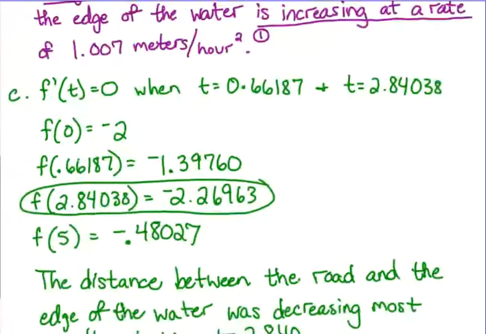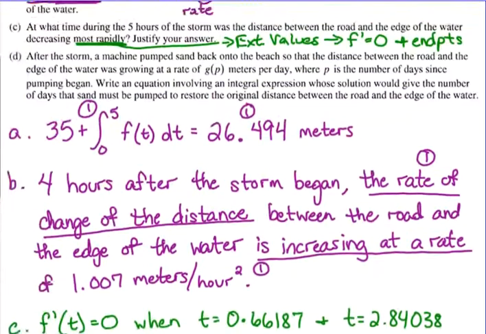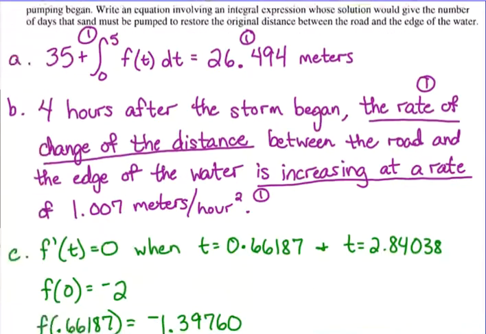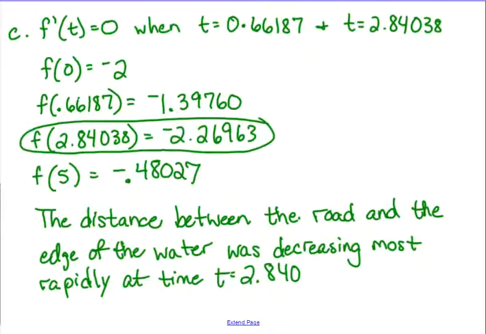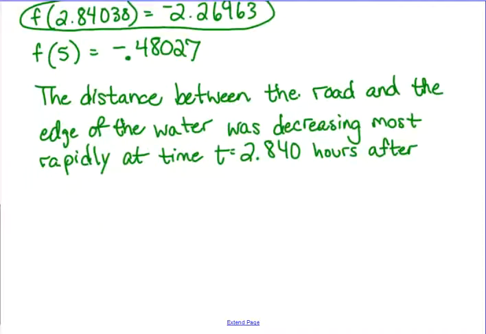And it was just asking when. It didn't ask for the rate. Let's check the problem. It just says at what time was it decreasing most rapidly. So you just need to give the time. And on the rubric, they say after the storm begins, but that's kind of a given. But it never hurts to be more specific. After the storm begins.